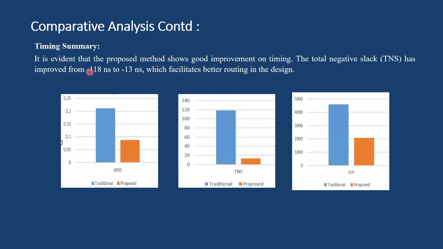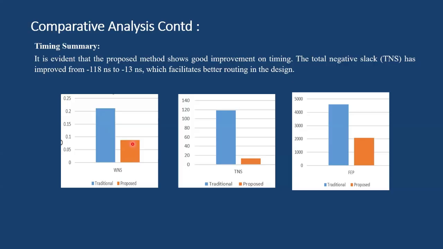Now, coming to the timing summary, which is most important in VLSI design. If you see here, we started with a pretty high WNS path, and finally, with this approach, the WNS has come down to 80 PS, where we have to do our physical design tricks to meet this path. But the most important thing is that these paths were getting affected by crosstalk, and that is getting nullified here.